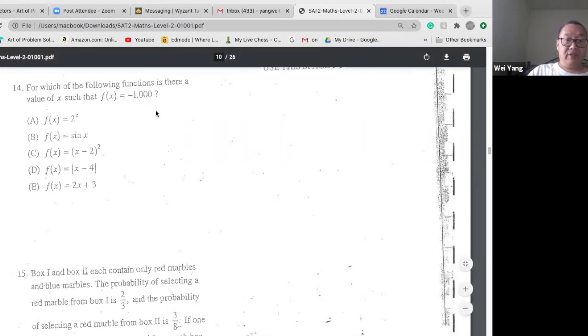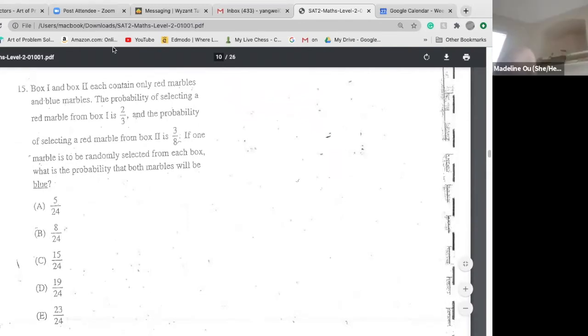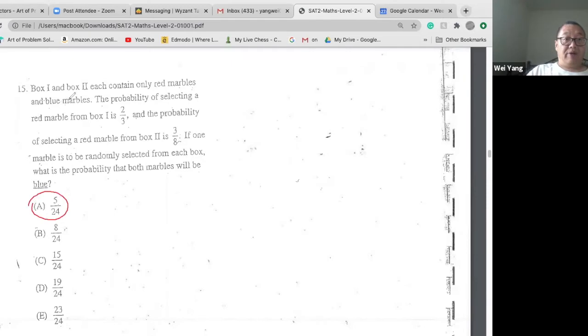Now let's see 15. What's the answer for 15? A. You got an A. Okay. Now box 1 and box 2 each contain only red marbles and blue marbles. The probability of selecting a red marble from box 1 is 2/3, and the probability of selecting a red marble from box 2 is 3/8.